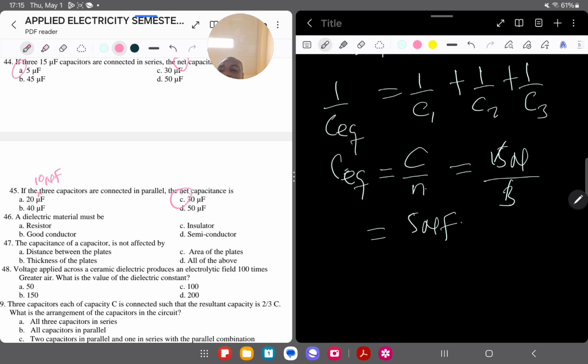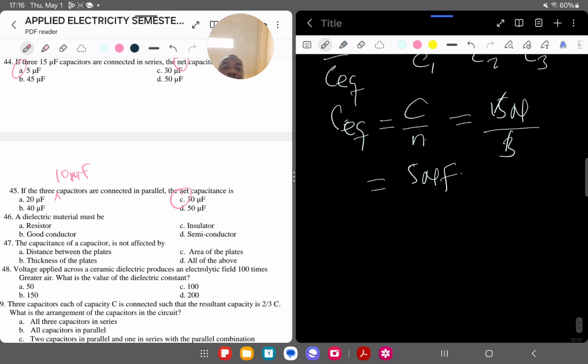It should be, if you have 3 10 microfarad capacitors, and they are connected in parallel.